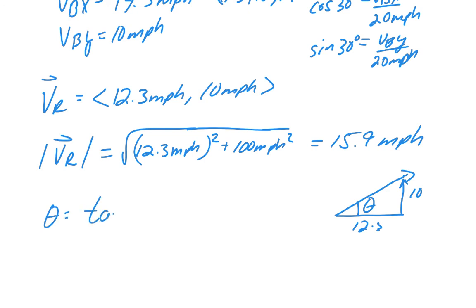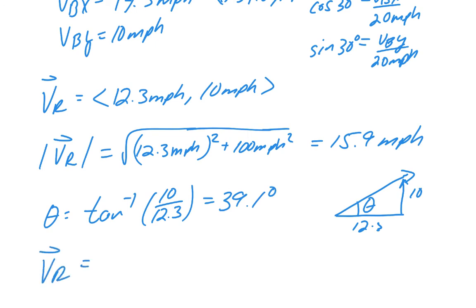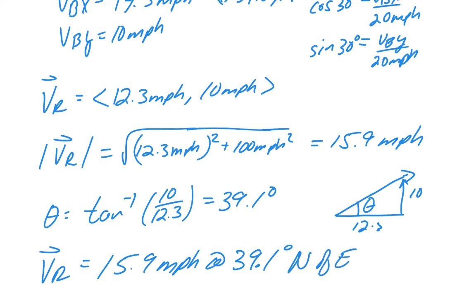So theta is going to be the inverse tangent of 10 over 12.3. The units are going to cancel there, and you should check this in your calculator, I end up with 39.1 degrees. So the final resultant of the relative velocity of this boat is going to be 15.9 miles per hour at 39.1 degrees north of east.